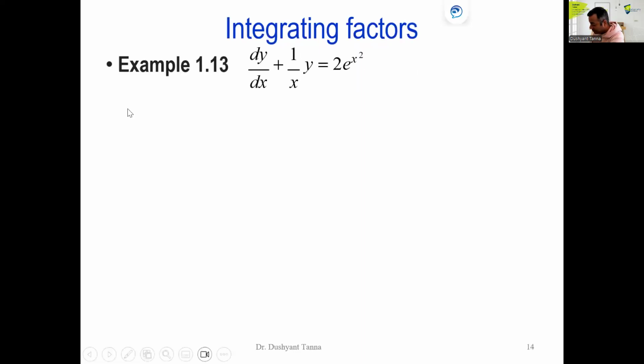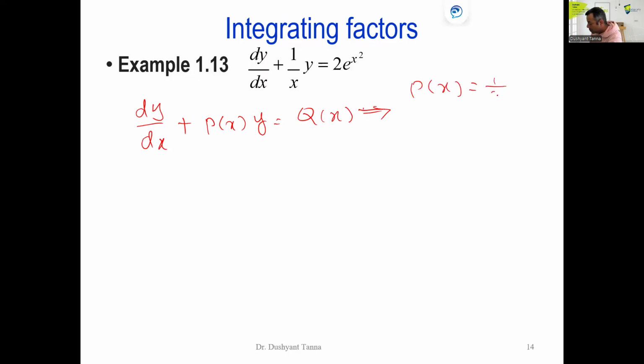Comparing this with our standard equation dy by dx plus p x y is equal to q x, that will give me my p of x is 1 over x, and my q of x is 2e power x squared.